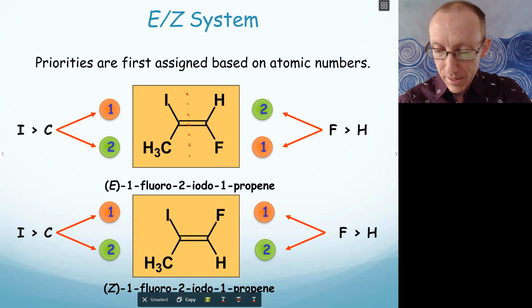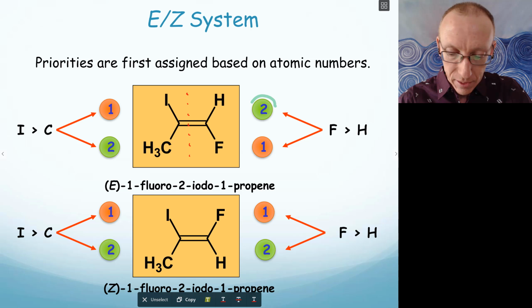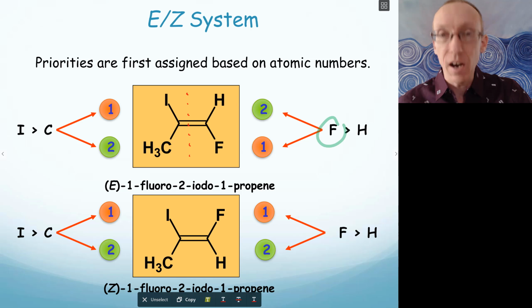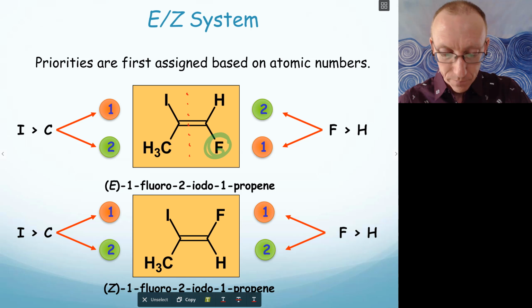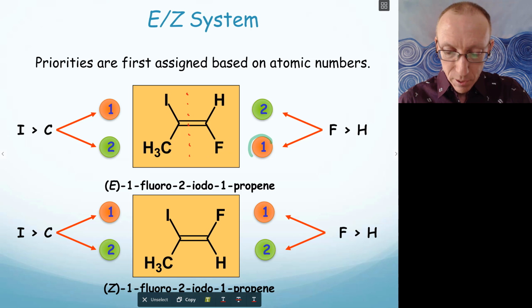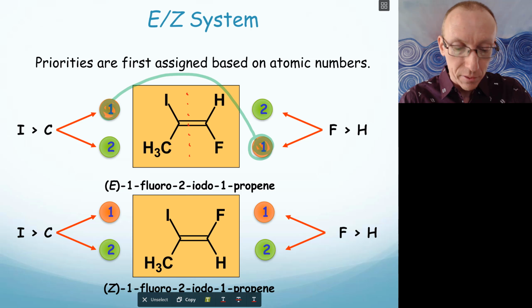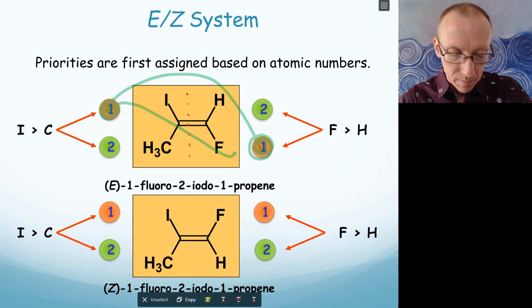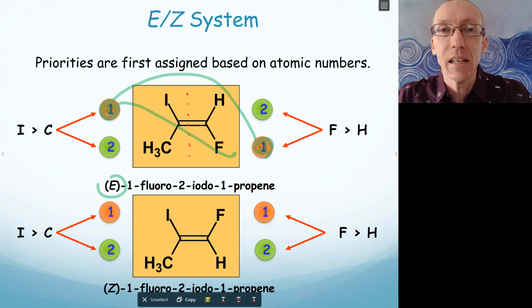So now let's look at the other half of the molecule over here. We've got a fluorine versus a hydrogen, and so fluorine has a higher atomic number, and so it's going to have the higher priority. Now the highest priority group on this side is on the opposite side to the higher priority group on the other side. Opposite means E, and so this is the E compound.